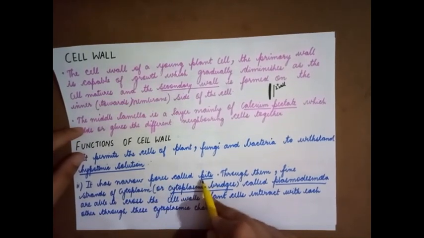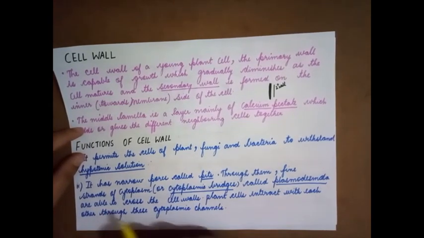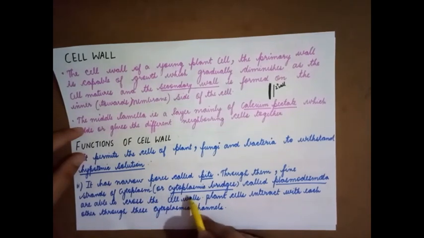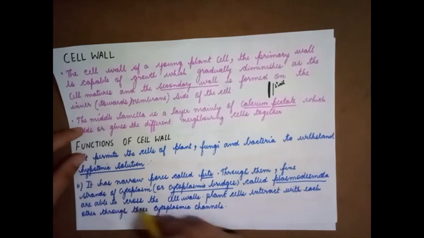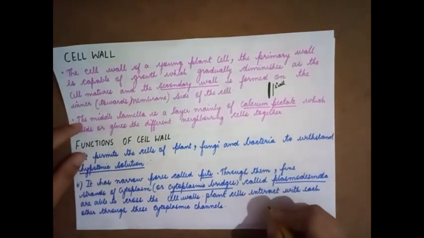It has narrow pores called pits. Through them, fine strands of cytoplasm or cytoplasmic bridges called plasmodesmata are able to cross the cell walls. Plant cells interact with each other through these cytoplasmic channels. Now, the cell wall has got tiny pores.